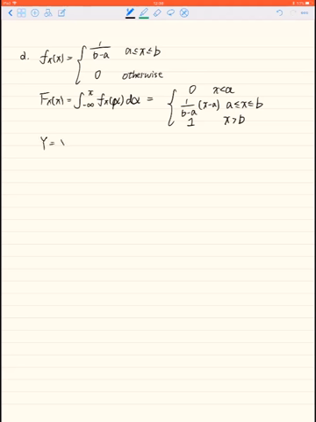And we know that y equals x squared. Since y equals x squared, x can be both the positive and negative square root of y.